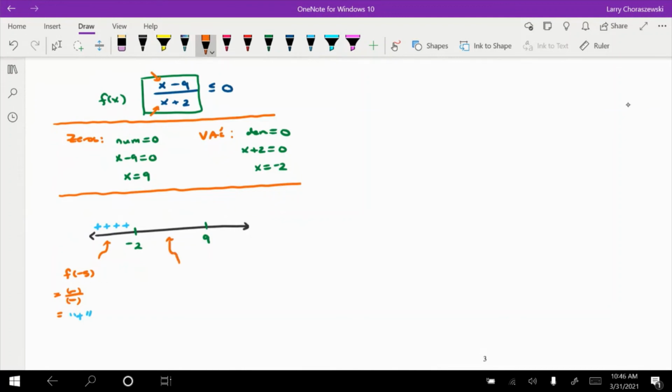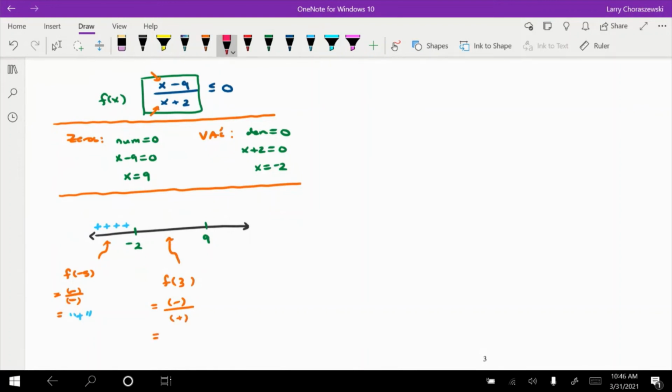Anybody want to offer a value of x between negative 2 and 9 to plug into our function? Okay, we can plug in 3. And if we plug 3 into the top, that's going to give us negative 6. And if we plug 3 on the bottom, that's going to give us positive 5.